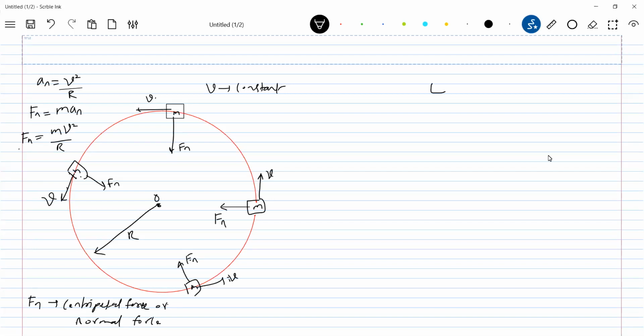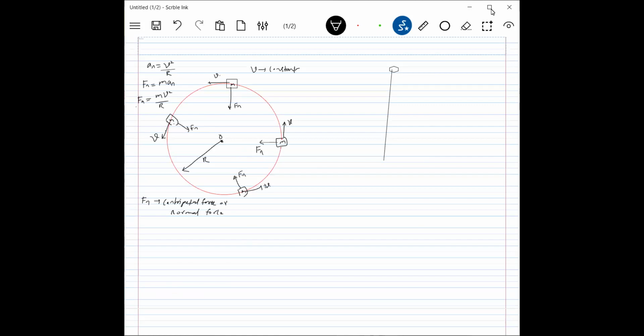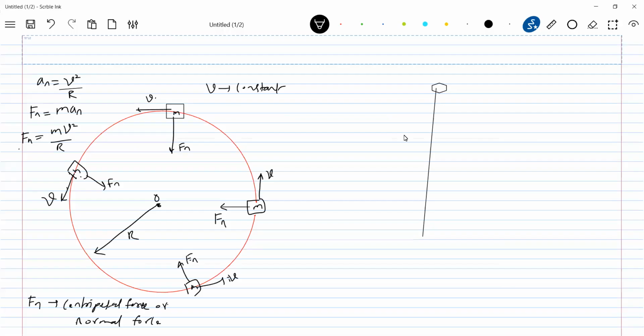The idea is like this. If there's a particle, and only velocity is acting, how will it move?